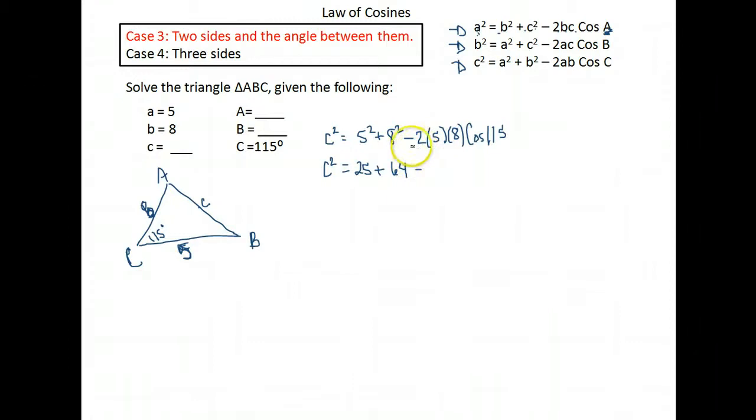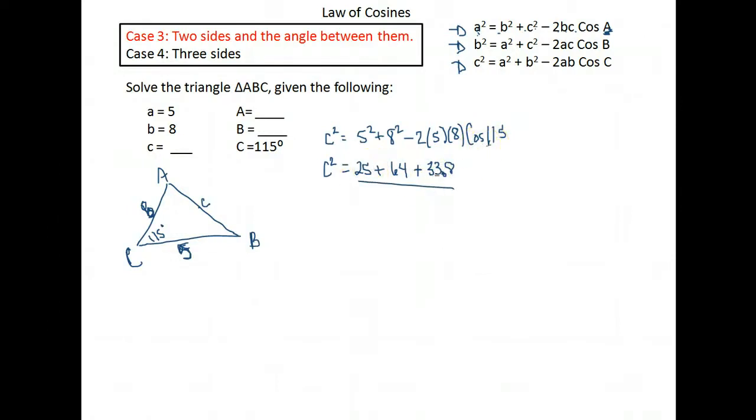I have this -2 and cosine 115 was negative, so this becomes positive. If you take -2 times 5 times 8 times cosine 115, you get plus 33.8. That doesn't happen every time. It depends on the size of your angle.